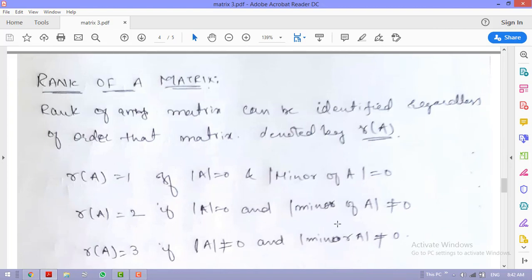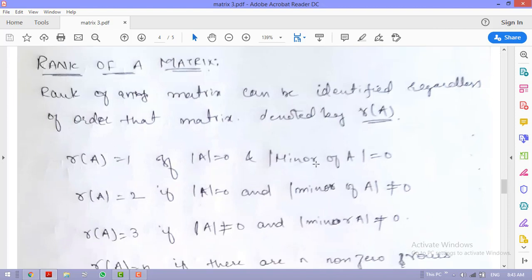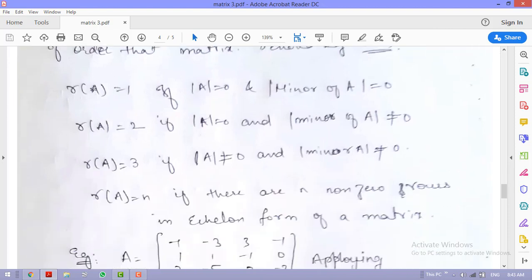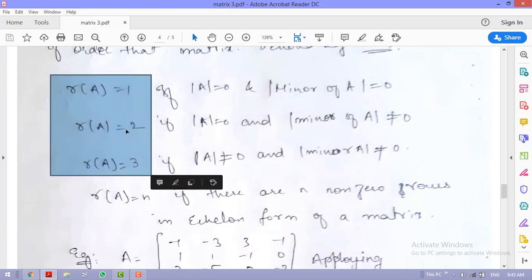Actually, this rank of a matrix is very simple. As you can see over here, you can find the rank of any matrix regardless of order. Meaning if you have a non-square, that is rectangular matrix, then also you can find the rank of that matrix. The only condition is that we have classified the rank into 3, like rank 1, rank 2 and rank 3.